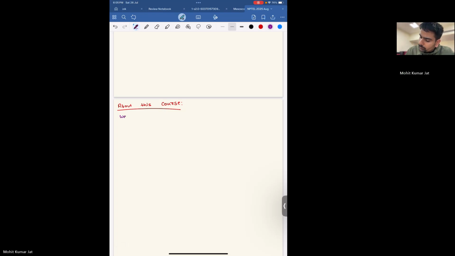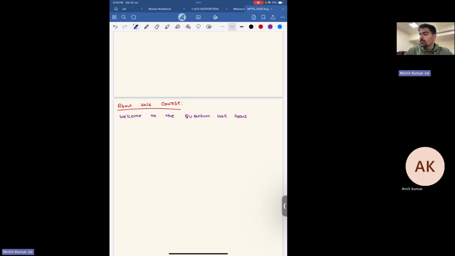Welcome to the quantum Hall transport and Hall effects. In this course, you will explore how electrical transport behaves in mesoscopic systems.